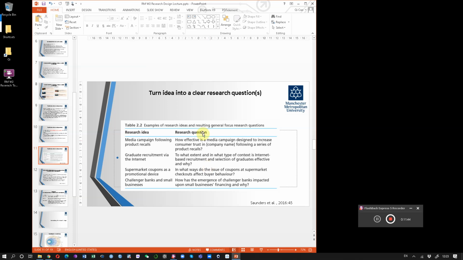So hopefully that gives you a taste of what a research question should look like. These research ideas could be modified easily as a topic for your dissertation, but a research question is more precise, asking spot on about the reasons behind the phenomenon.